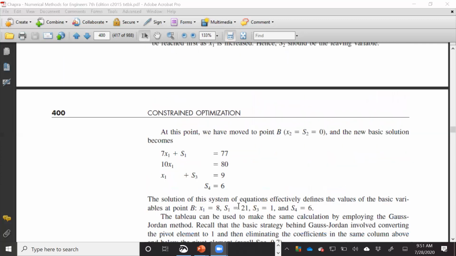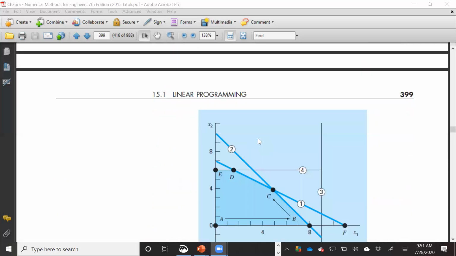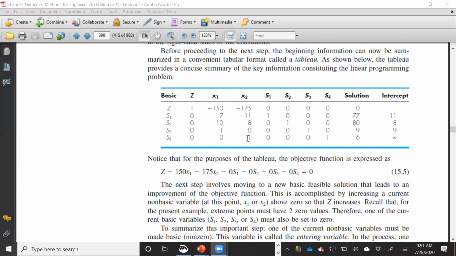So next, the remaining intercepts: because 8 is the smallest positive intercept, it means that the second constraint line will be reached first as x1 is increased. Hence, S2 should be the leaving variable. From this intercept, you see that you have 11, 8, 9, and infinity.